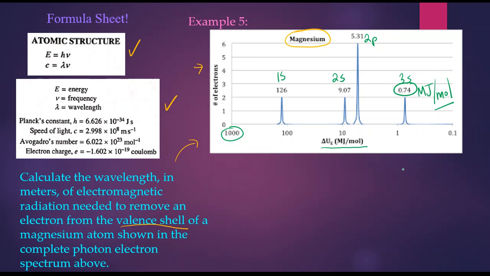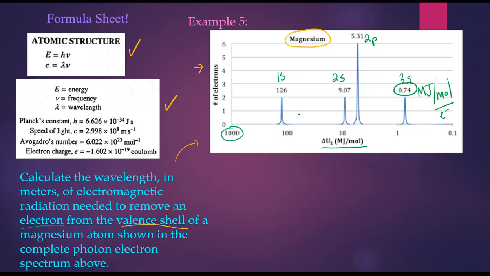That's what I know. And this is per mole of electrons, by the way, because we're talking about ejecting electrons. In the calculation, I just want the radiation needed to remove one electron, not moles of electrons, so I need to get to that idea of just one electron, and then I can figure out the wavelength.